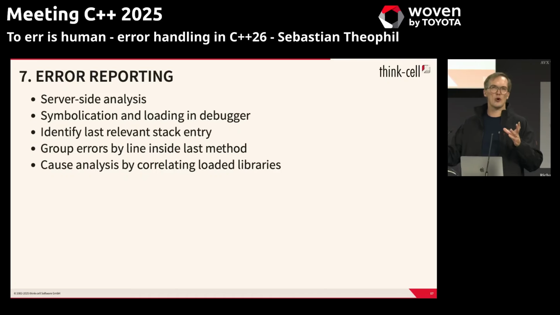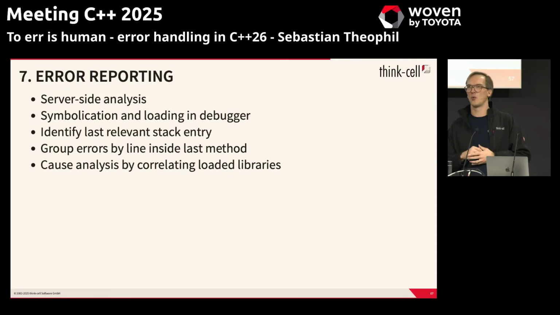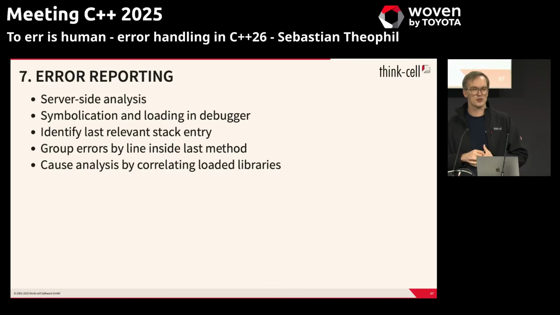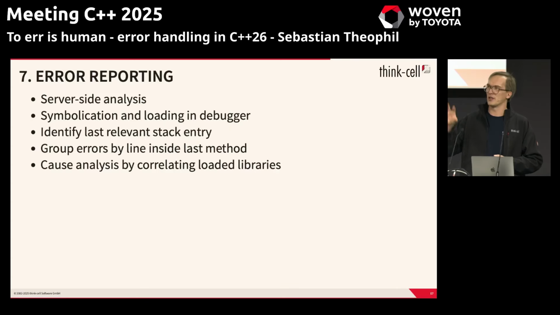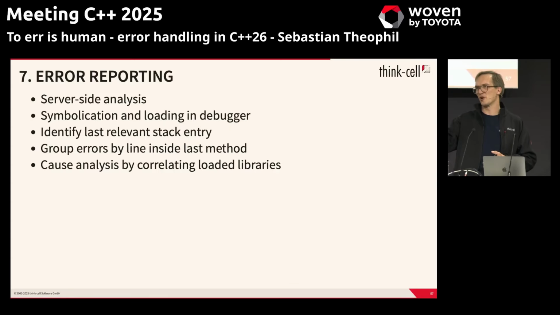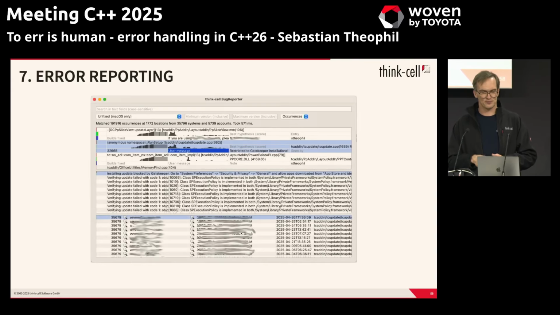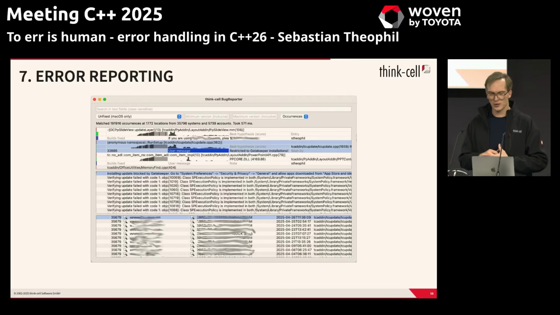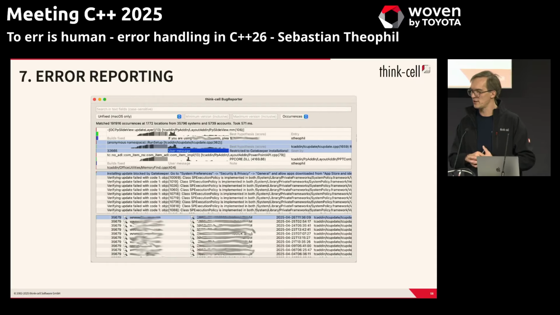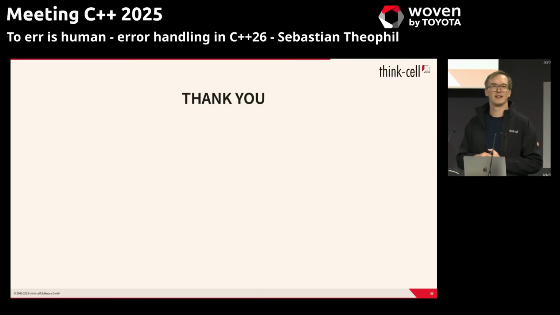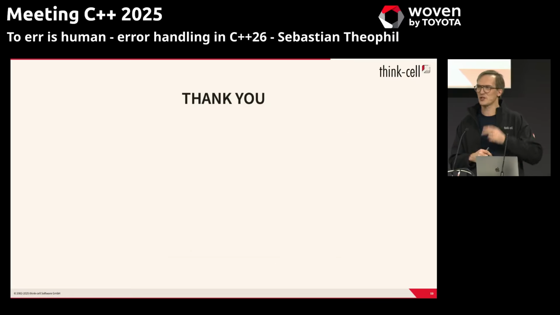And we can group all the errors by what function that was, by what line number in that function, so we can show meaningful information to developers and can point out, like, this is the part of the code where we are currently having a lot of assert failures. Look into that first. And then we end up here, and we can fix all these nice bugs we would have never seen before. And that is the end of my talk. Thank you very much for listening.